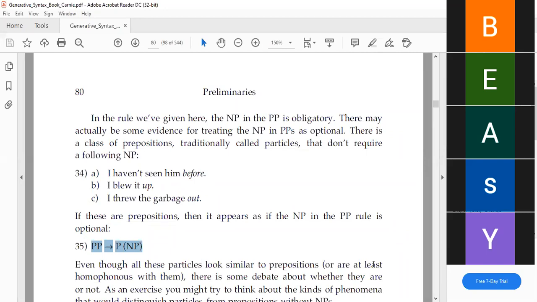But are they exactly the same phrase structure rules? So the answer is no. Because the phrase structure rules of Arabic are different from the phrase structure rules of English. The NP rule in Arabic, for example, if I ask you just this question, what is the NP rule in Arabic?